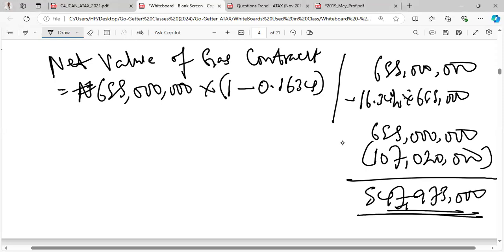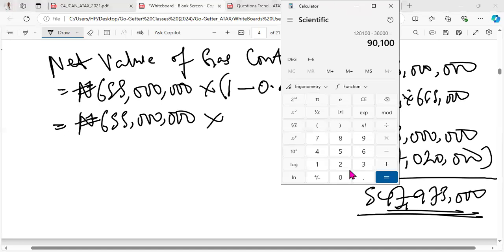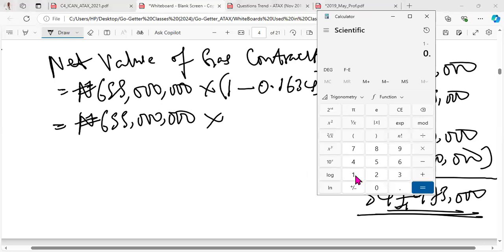Now doing it this way, you would have just done 655 multiplied by, let's say, 1 minus 0.1634.